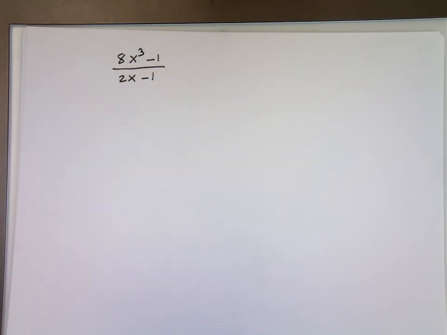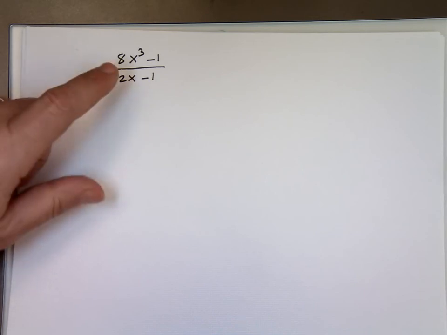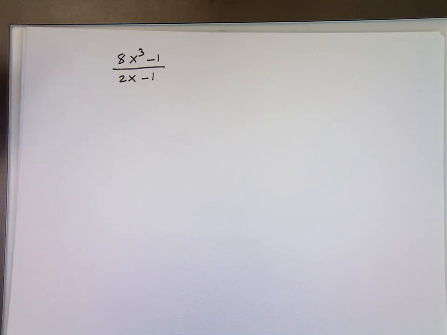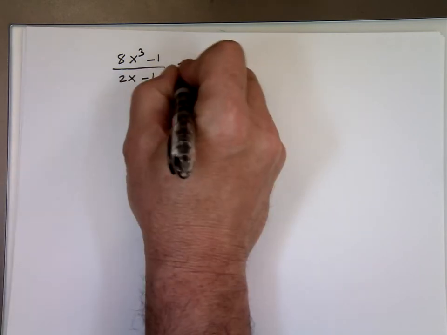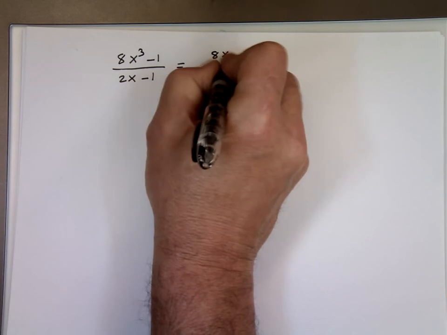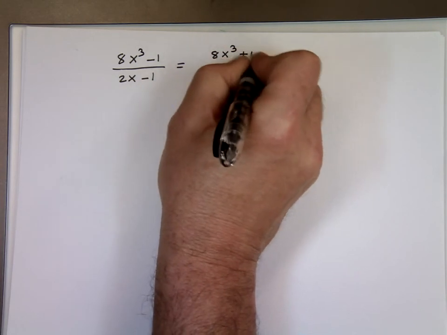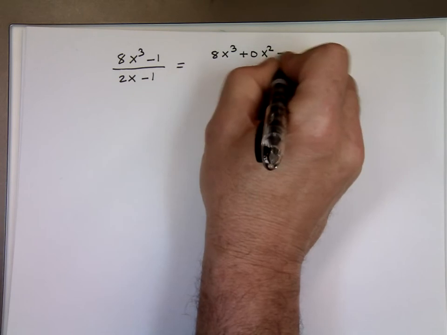Now the one thing I notice about the top, I always like to write them in descending power. I have x cubed, but what happens to x squared and x? They're not there. So can I write that 8x cubed plus 0x squared plus 0x minus the 1?